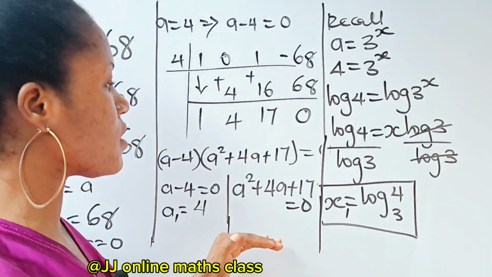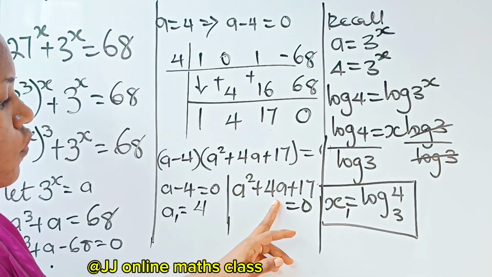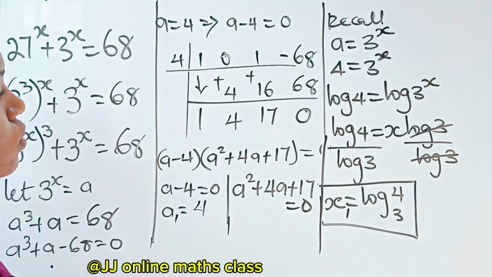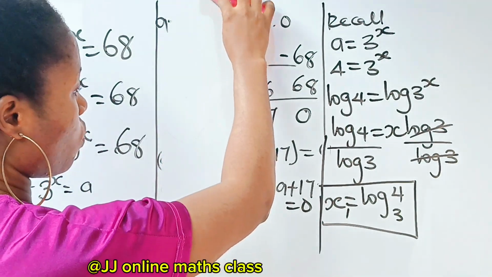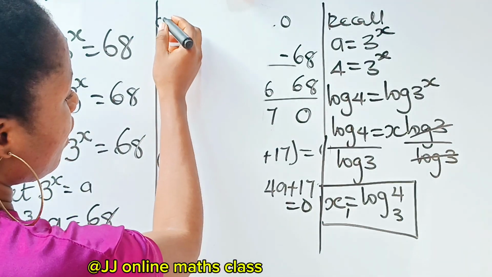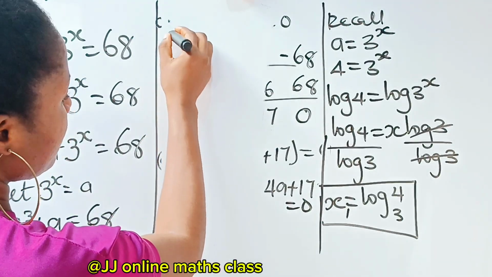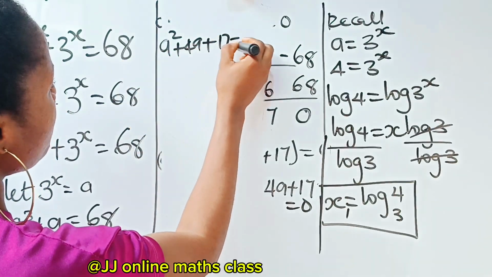Now let's go to the second value. So here we have that a squared plus 4a plus 17 is equal to 0.